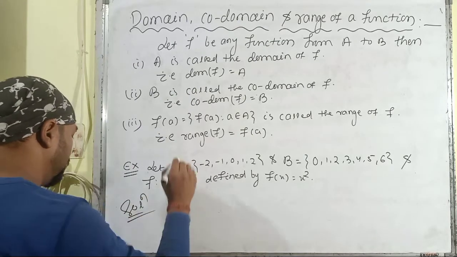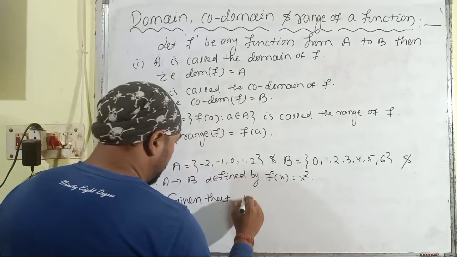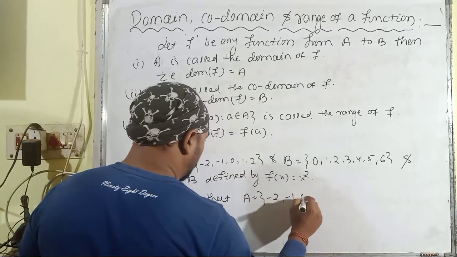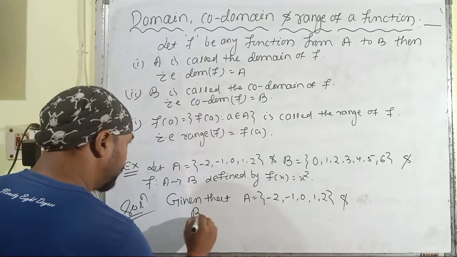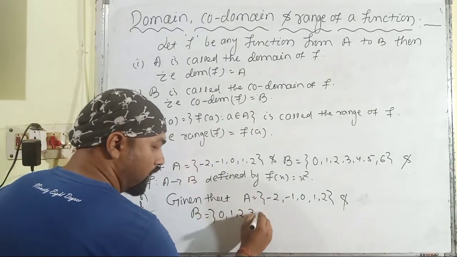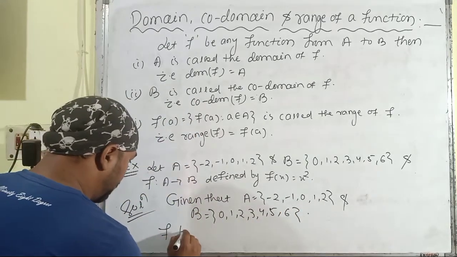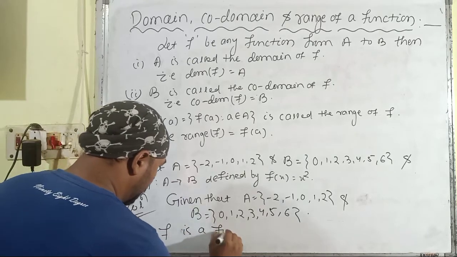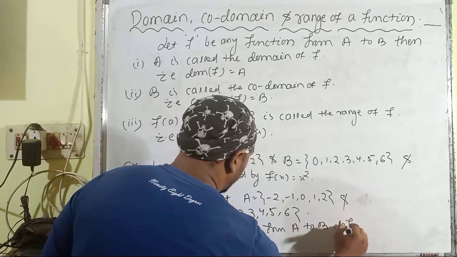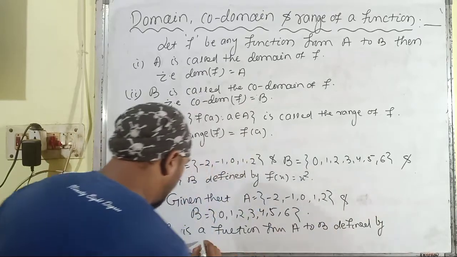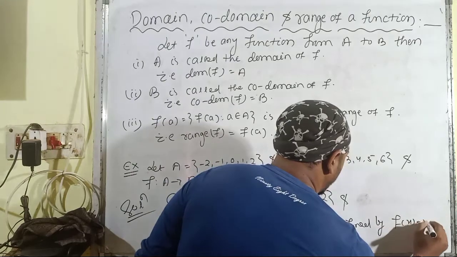So here is the solution. Given that A set is equal to -2, -1, 0, 1, 2 and B set is defined as 0, 1, 2, 3, 4, 5, 6. f is a function from A to B defined by f of x is equal to x square.